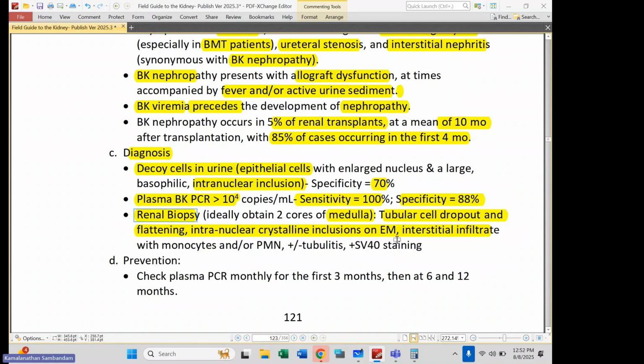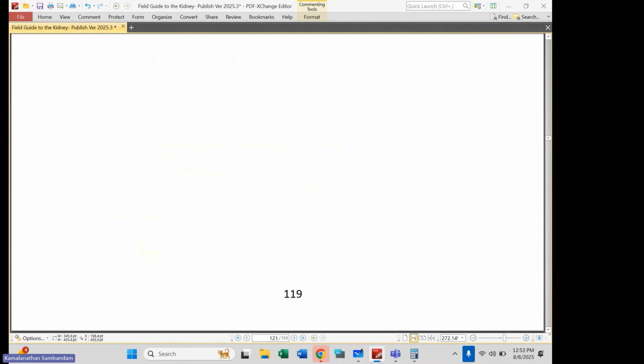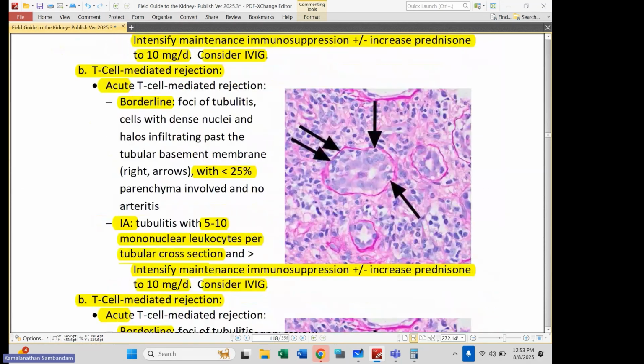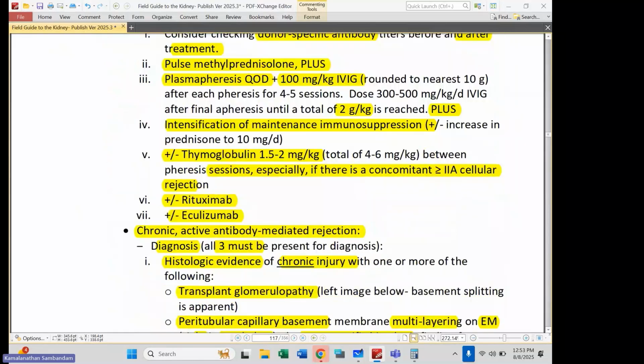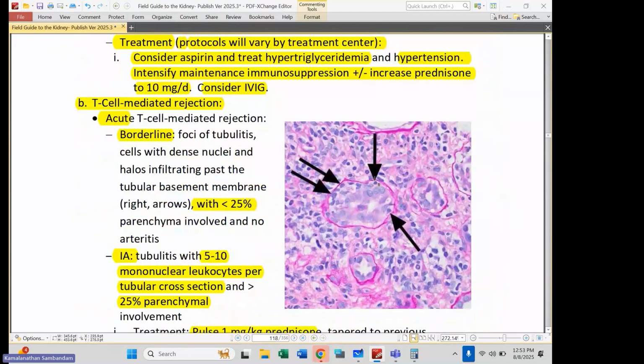But again, it's an interstitial nephritis, so you see a lot of recruitment of inflammatory cells. You can see tubulitis. What is tubulitis? Remember, that's when these compact nuclei are traversing the basement membrane of the tubule, right? Remember, that's a lymphocyte in contrast to this tubular epithelial cell.